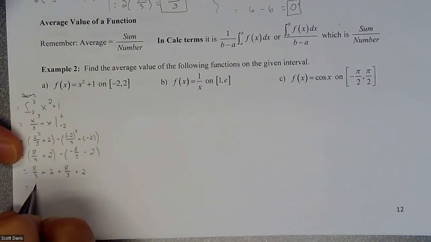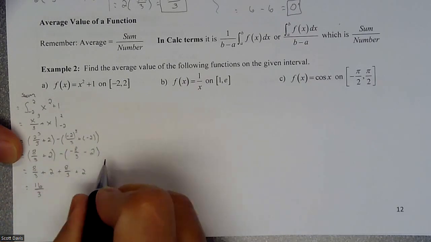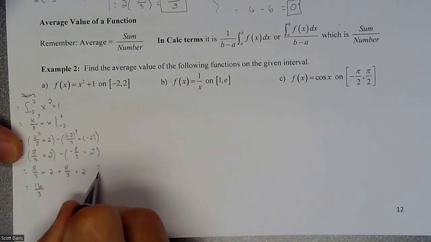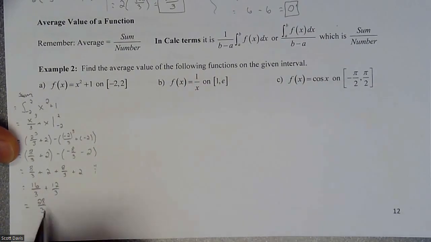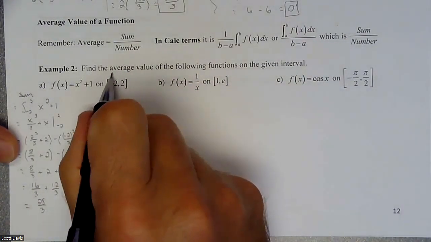That is 16/3, and this is going to be a 4, but if I make that a 4 over 1 and get a common denominator to combine with this one, I'm looking at 12/3, which means my sum is going to be 28/3.